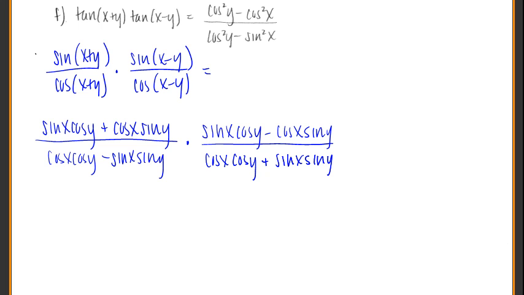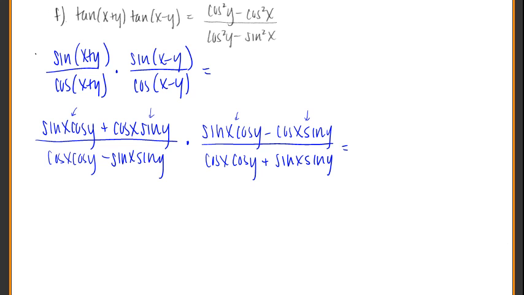Okay, so what we're going to do is, in the top, multiply two terms by two terms, and in the bottom, two terms by two terms. If we notice, the front terms always match up, the back terms always match up, they just differ by the center sign, so I know I have conjugates, and all I really have to do is multiply the first and the last in all four cases.